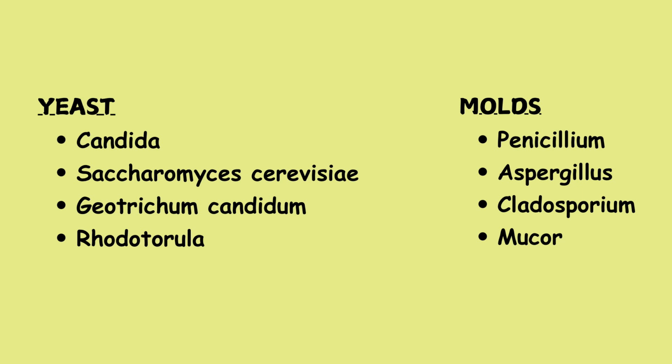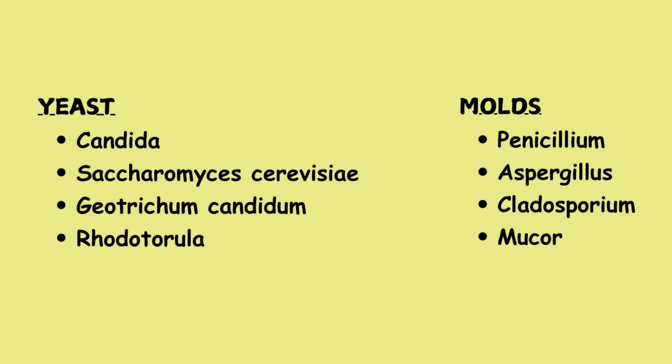Examples include Candida species, which can cause spoilage, and Saccharomyces cerevisiae. This is used in bread and alcohol production, and it is occasionally found in fermented dairy products. Geotrichum candidum is used in some cheese production, but it can cause spoilage if it is not controlled. Other examples include Rhodotorula species.